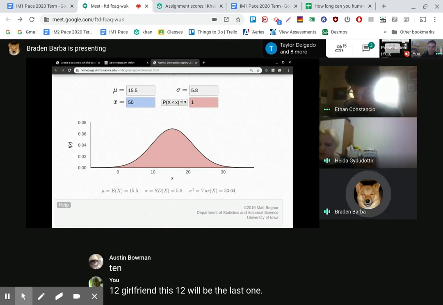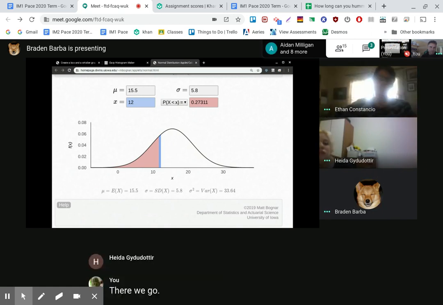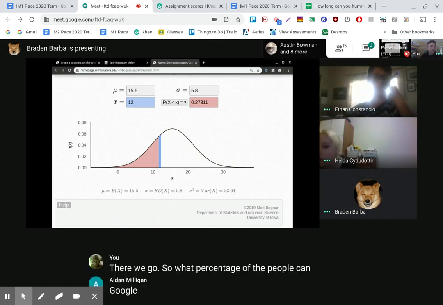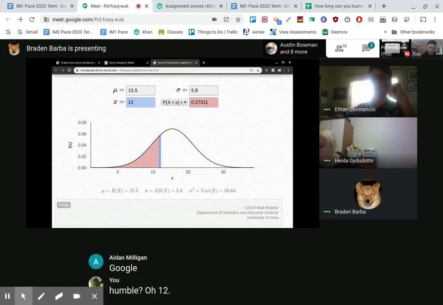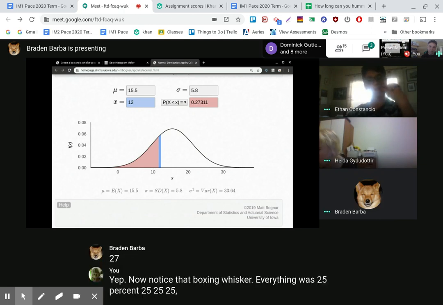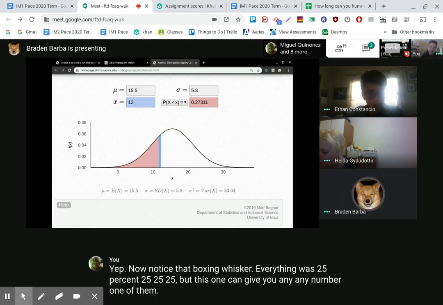So what percentage of the people can hum below 12? 27. Yep. Now notice that with the box and whisker, everything was 25%, 25, 25, 25. But this one can give you any number. Does that make sense?